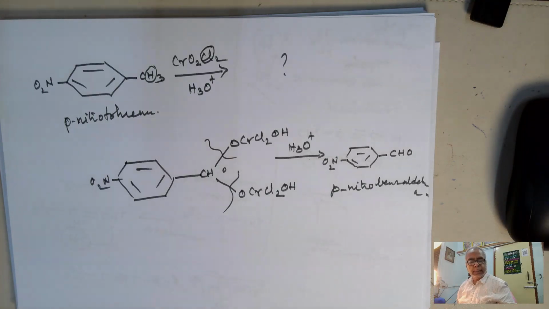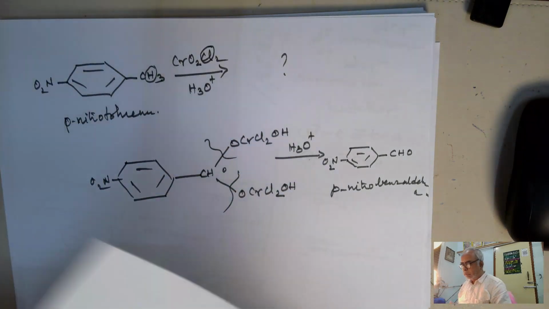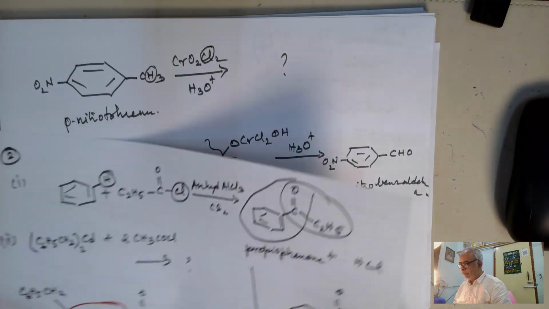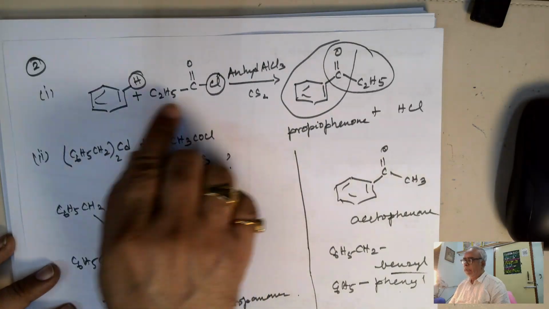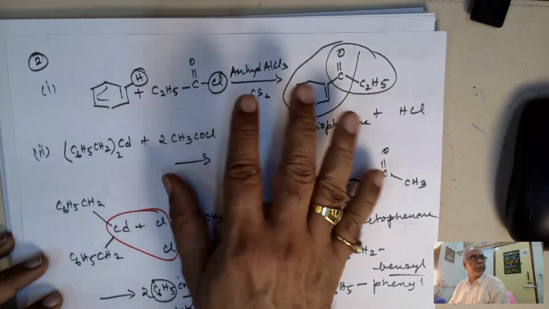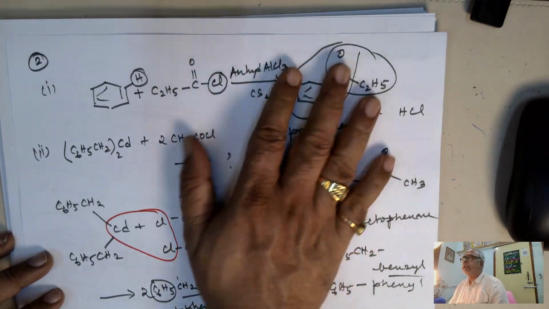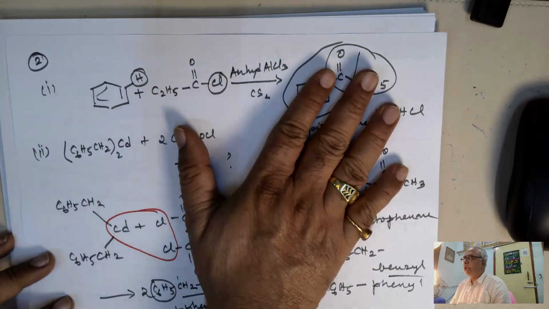So the acylation, we were discussing about the acylation reaction. This kind of acylation reaction, alkylation reaction, or methylation reactions in presence of anhydrous aluminum chloride, they are called Friedel-Crafts reaction.